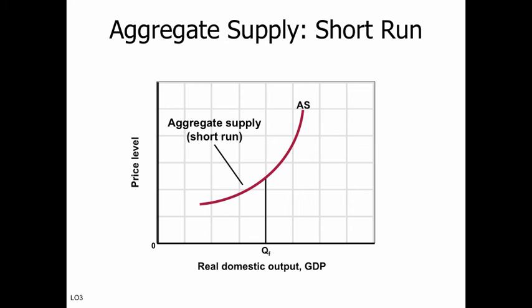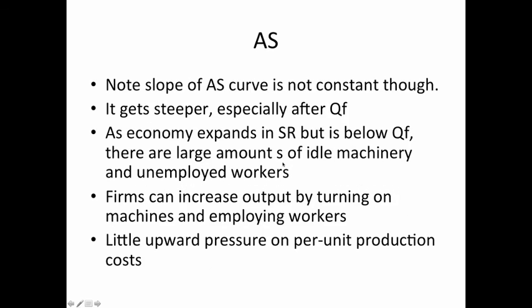So here we see that input costs are perhaps rising more rapidly than output. The result is we're getting this rapid rise in per unit production costs, and that gives the short-run aggregate supply curve its rapidly increasing slope, especially as GDP goes past full employment.